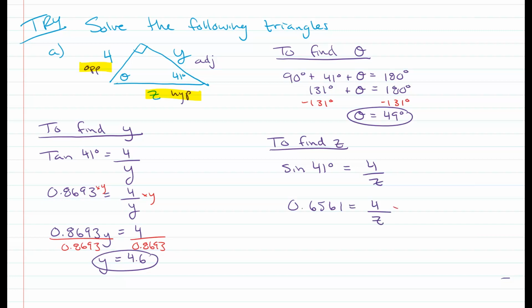Clear the fraction by multiplying by the bottom. I'm left with 4. And z equals 6.1.